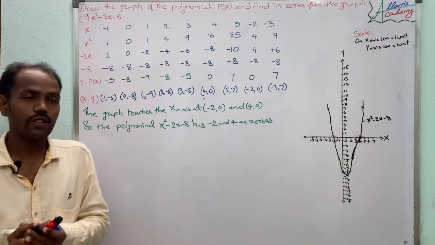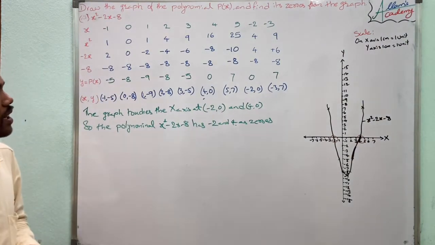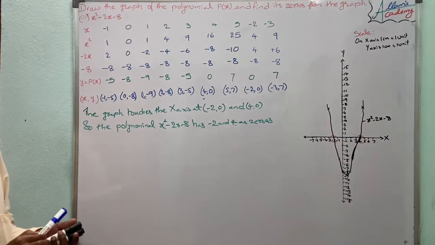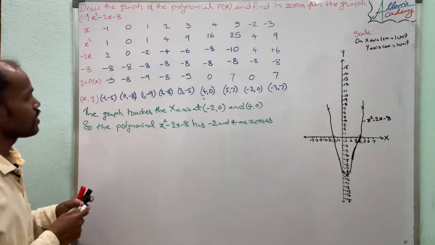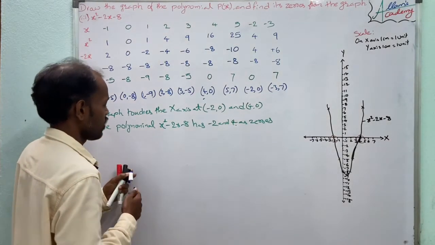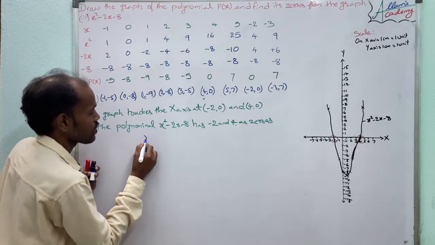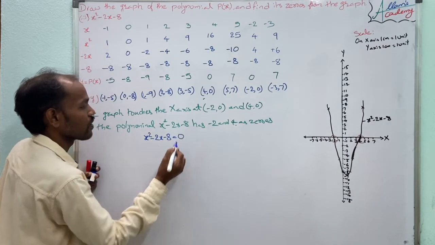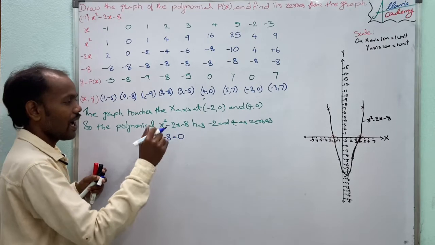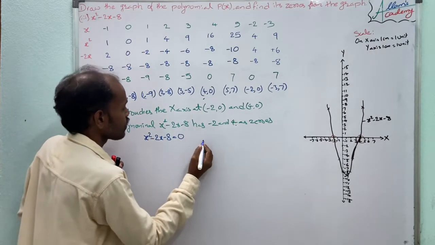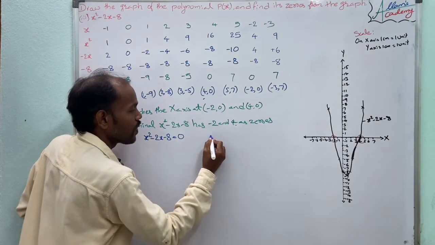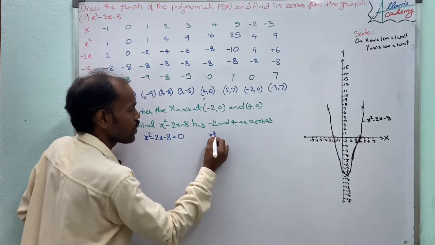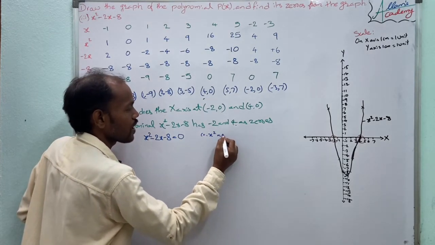Okay, so now in general, factorization also gives us the zeros, correct or not? Observing that, that is the justification. So by that justification, x square minus 2x minus 8 equal to 0. What do we do for finding the factorization? We take the x square coefficient into the constant term.